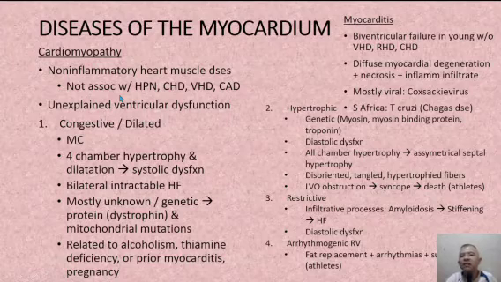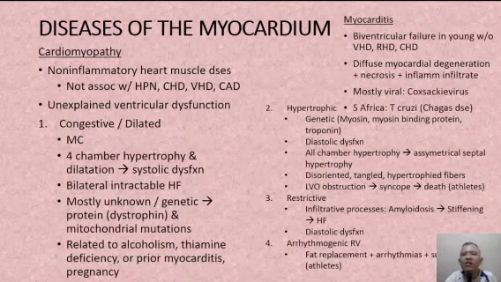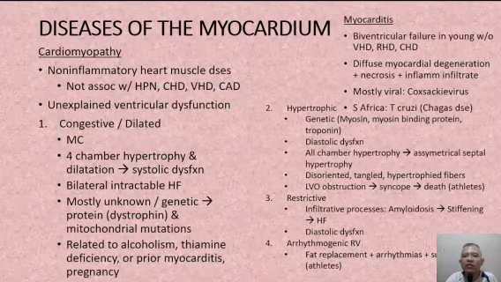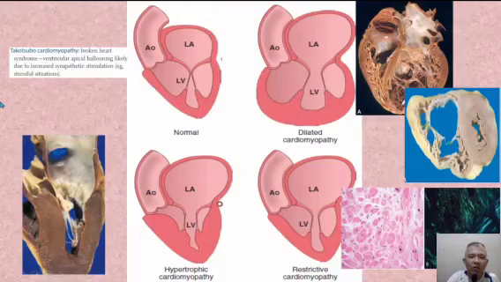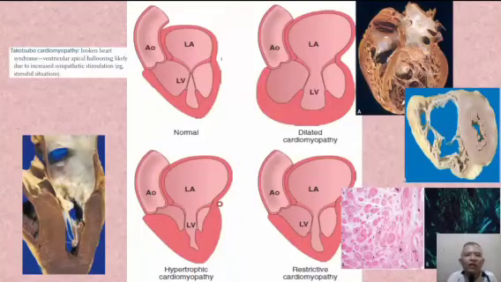So there is inflammation, there is infiltration of inflammatory cells without any ischemic heart disease, valvular heart disease, rheumatic cause, or congenital heart disease. Okay, so let's go back to cardiomyopathy.